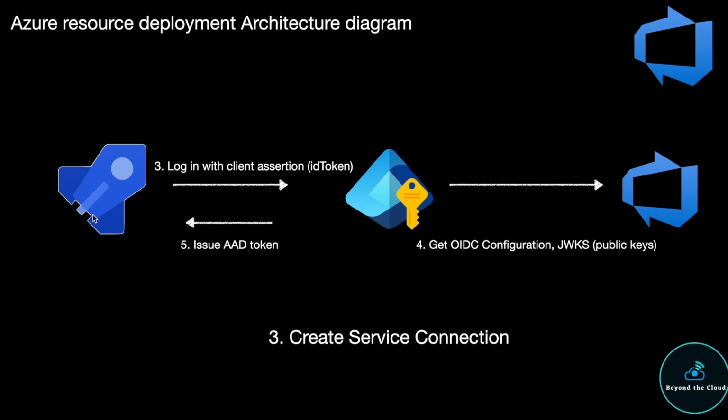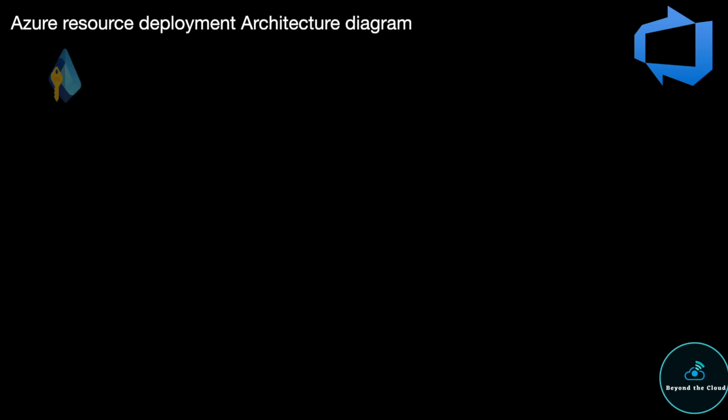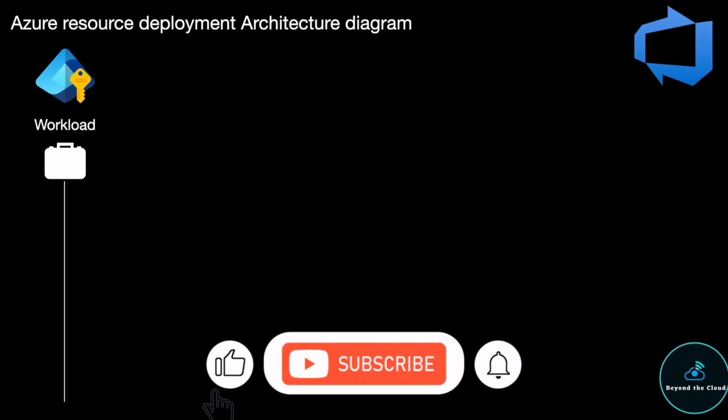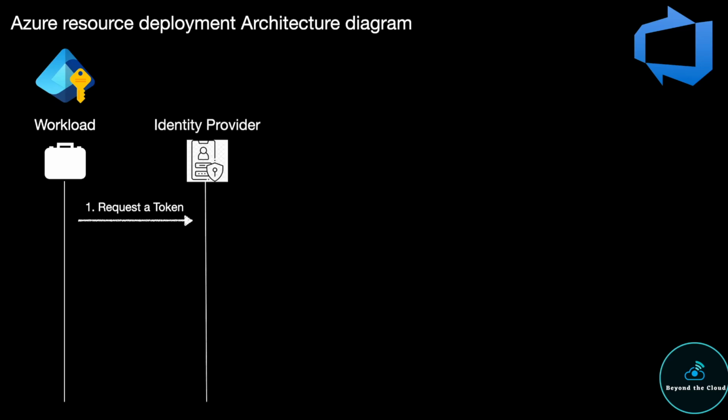Now I will try to explain in more detail how the authentication works. Please bear with me. So, the Azure deployment resource, the authentication part. First of all, we have our workload, and the workload is in our pipeline. First of all, the workload or the pipeline needs a token from our identity provider.